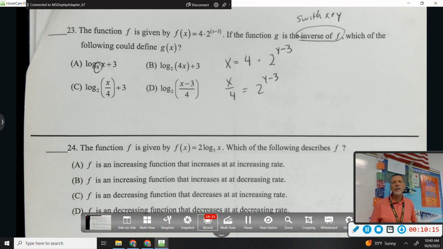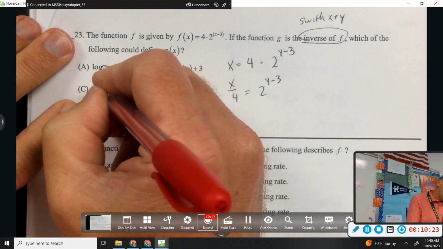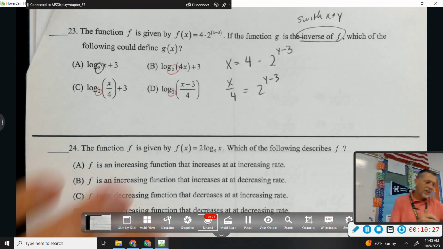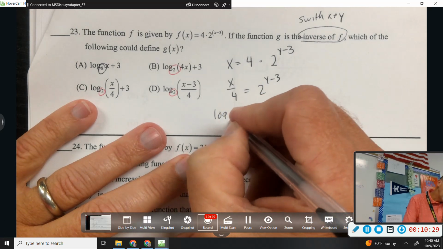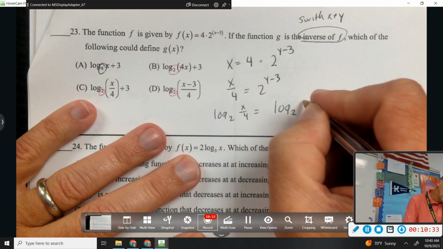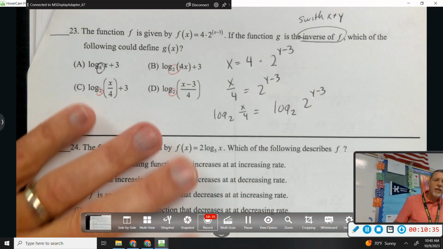What do you want to do next? Log? What base would you like to use? Oh, goodness, it looks like 2's would be a good choice. So log base 2 of x over 4 equals log base 2 of 2 to the y minus 3.